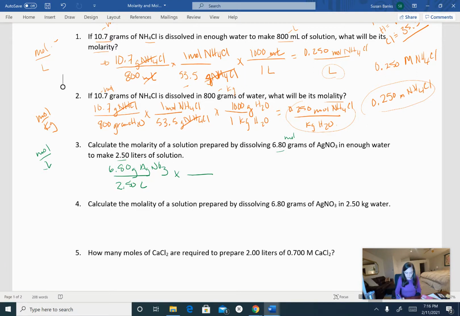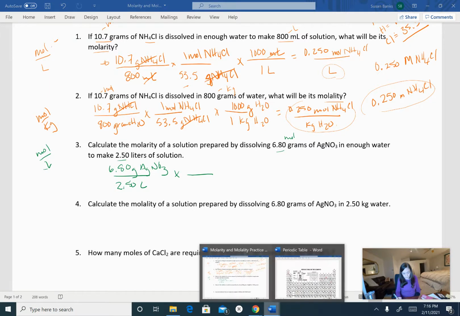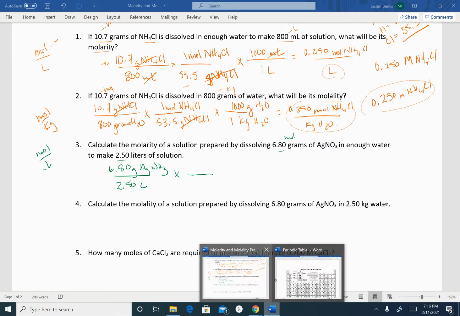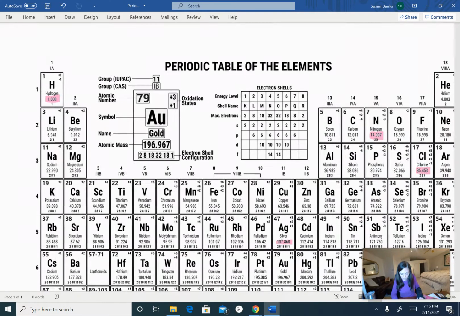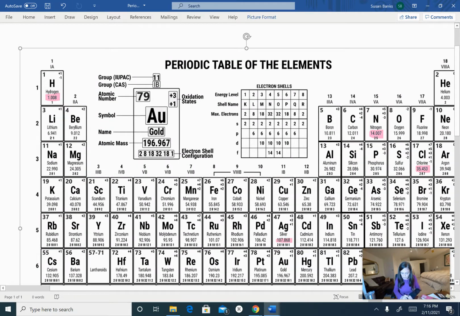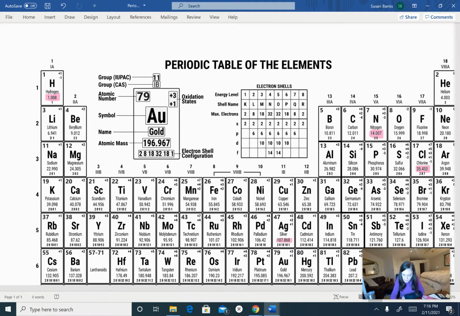So the next thing we've got to do is look at our periodic table and look up silver and nitrogen and oxygen. So silver, let's see, right here. So 107.9 to the 10th. We've already got nitrogen. Nitrogen is 14 right here, and oxygen for the nitrate, to the 10th, that will be 16.